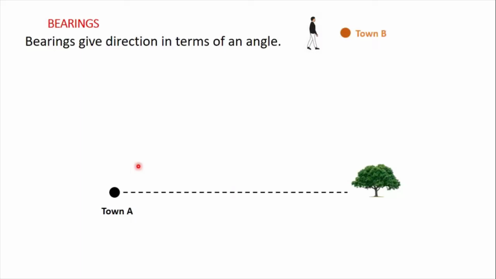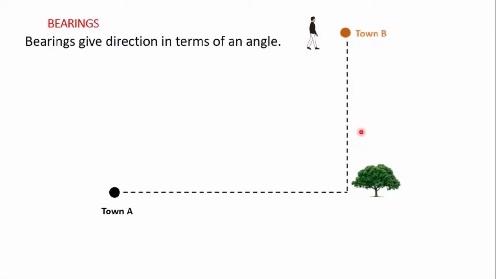So you see the path that Mr. Kofi will walk through will be from town A to the tree, then from the tree to town B. This is the path that Mr. Kofi will take in order to get to town B.